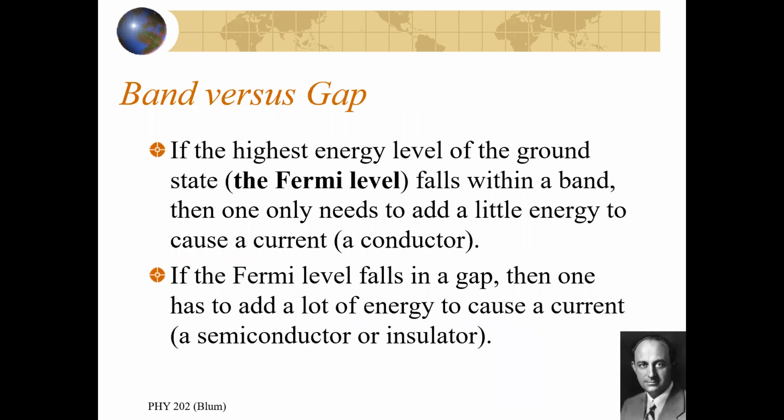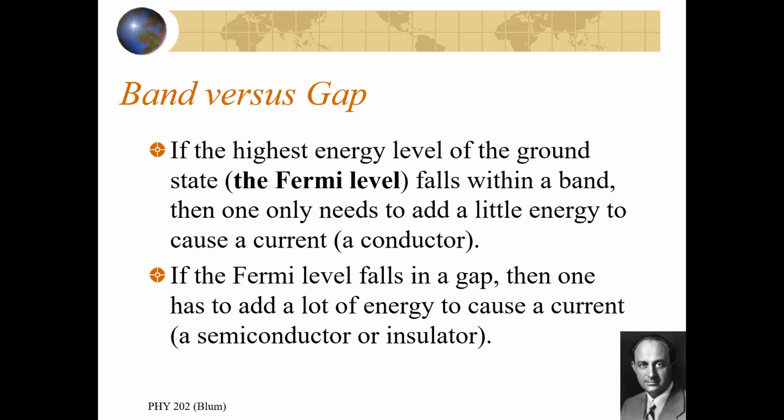That level, when we talked about the ground state and we were filling up, and we said the last level is the important level. Well, it's so important it gets a name. It's called the Fermi level, named after Enrico Fermi. He was Italian, but came over to the US and worked at Chicago.